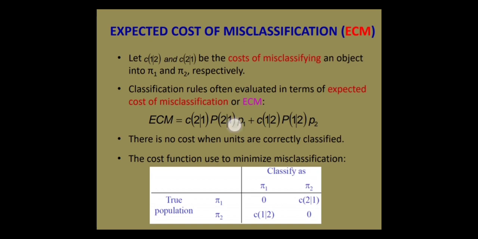Okay, untuk conditional probability kita boleh integrate, betul tak? Kalau kita ada function of fx, boleh integrate. But in this case, for this subject, you will be given the value of cost of misclassification and also the conditional probability.